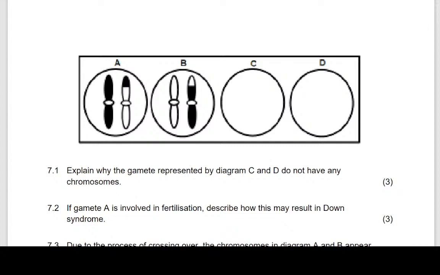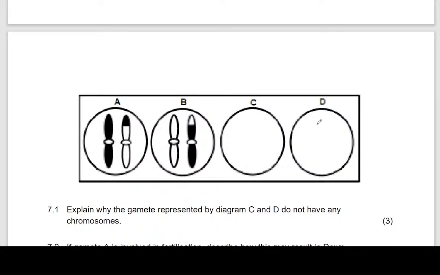Let me show you how it came about. If this is the cell, the cell had 2 chromosomes.